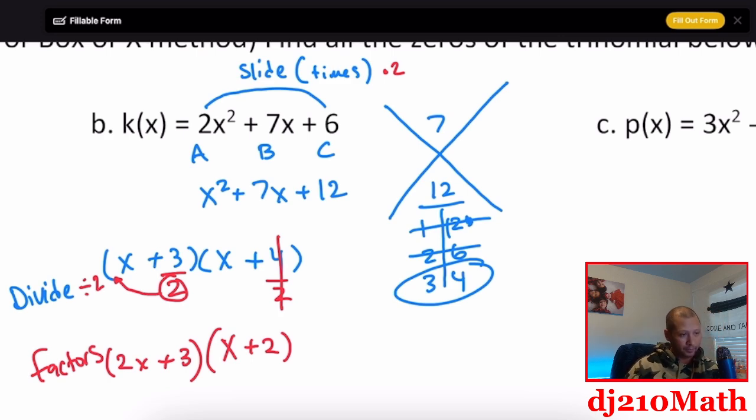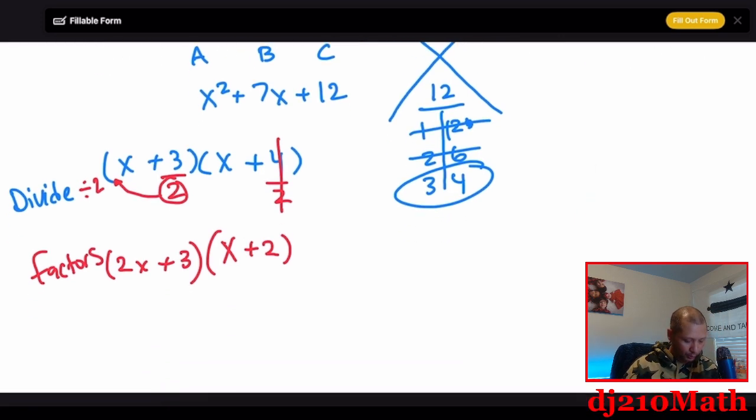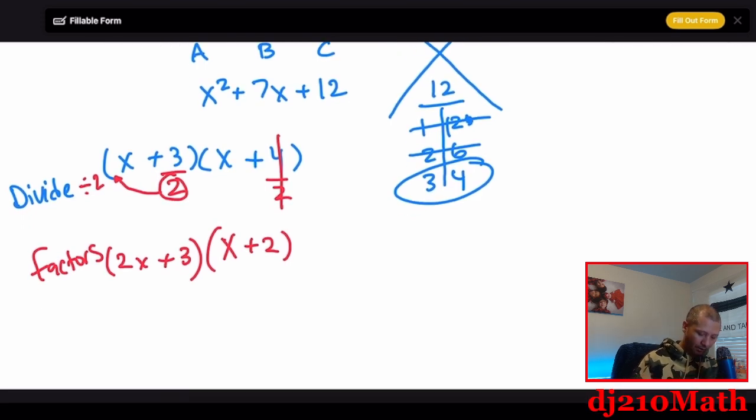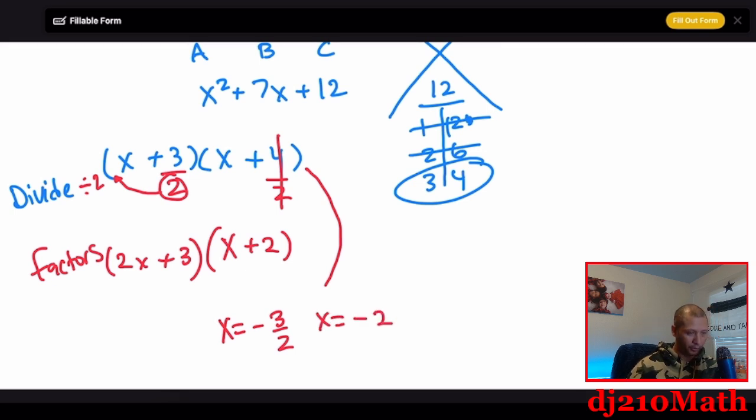The roots or solutions are the opposite here. So this was going to be x equals negative 3 over 2 and x equals negative 2 because 4 divided by 2.